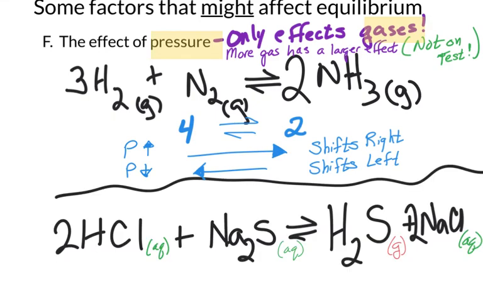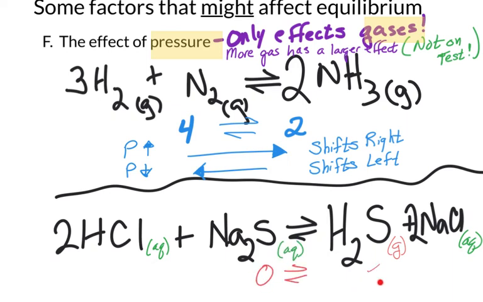And what happens in this reaction? Here I have 2 hydrogen chlorides and 1 sodium sulfide, and that's going to create hydrogen sulfide gas and 2 sodium chlorides. Now in this case, I only have the hydrogen sulfide as a gas. So that means we only have to look at the pressure on the product side.